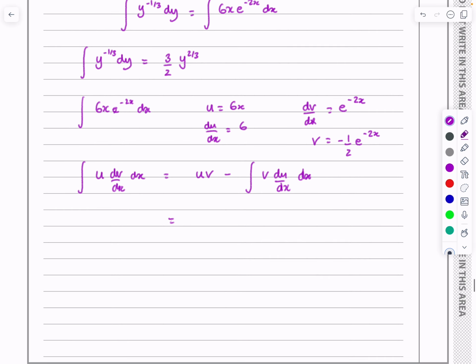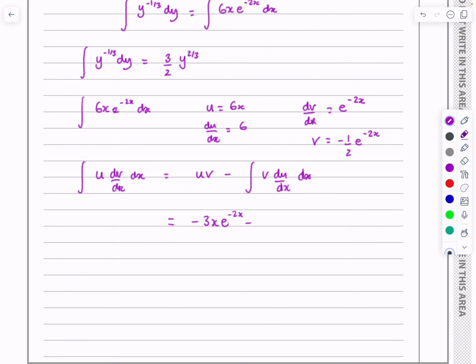So uv is those two. That's going to give me 6x times minus a half e to the minus 2x. Up to you how much you want to do to save yourself some time here. 6x times minus a half is minus 3x e to the minus 2x.